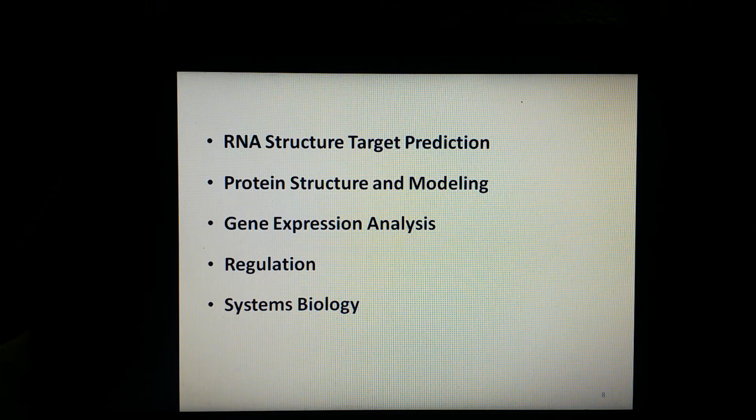Basically, proteomics, protein structure and modeling, gene expression analysis, and regulation are focused on determining the structure of the protein and the regulation of gene expression and protein modification.